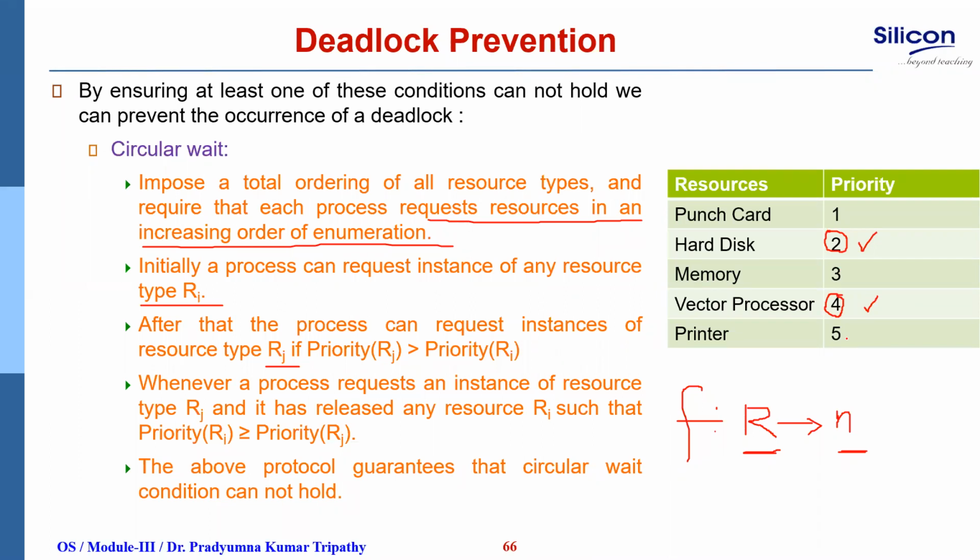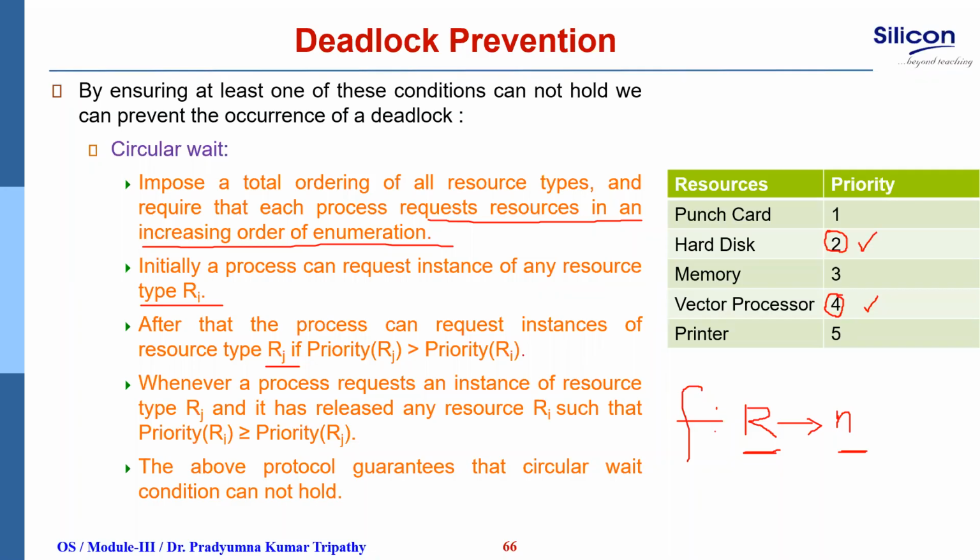If I have a lower priority resource and request a higher priority resource, it will be granted. But if I have a higher priority and request a lower priority, it should not be granted. Correct? So whenever a process requests an instance of resource type Rj and it has released any resource Ri, the priority of Ri must be less than the priority of Rj.